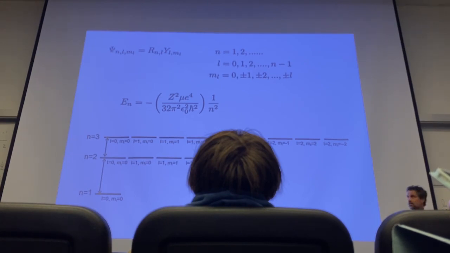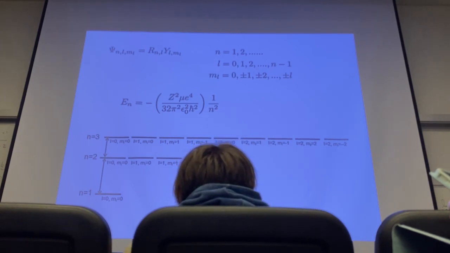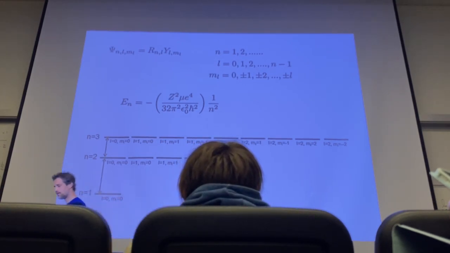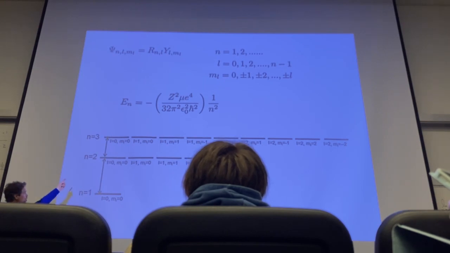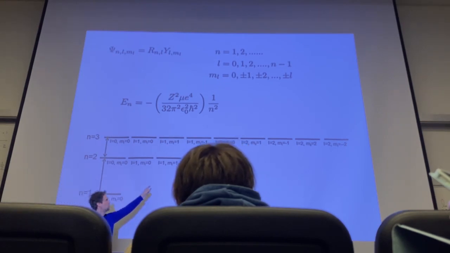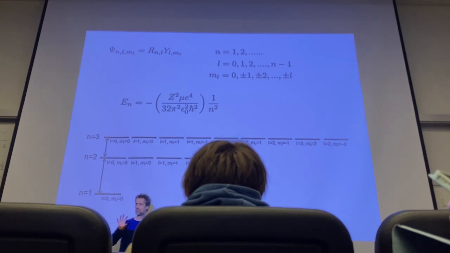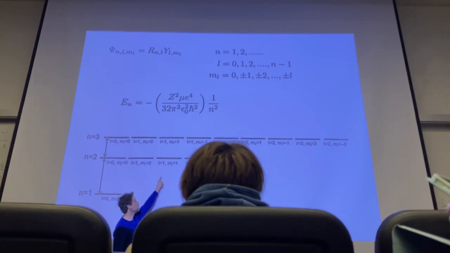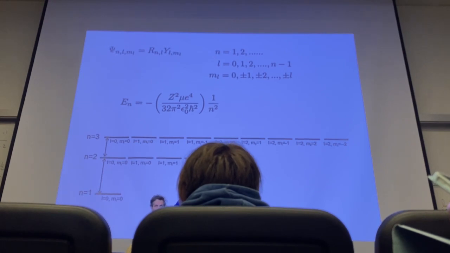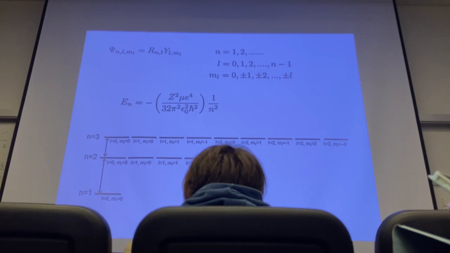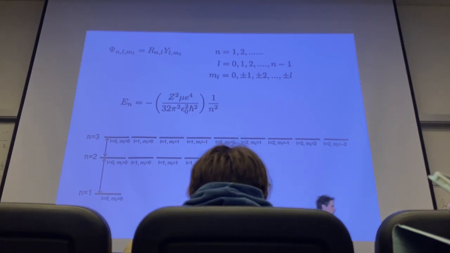So if the electron has principal quantum number 1, it can sit in that state, and if it has 2, it can sit in any of these states. It can only sit in one of these states because all of these are individual solutions of the Schrödinger equation. This state is not the same as that state. This is a different state than this. They just happen to have the same energy. That's the only similarity between the two.